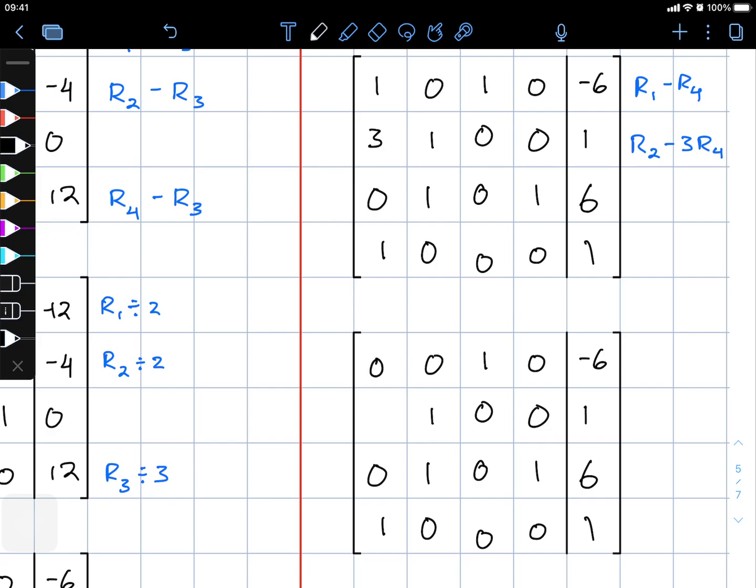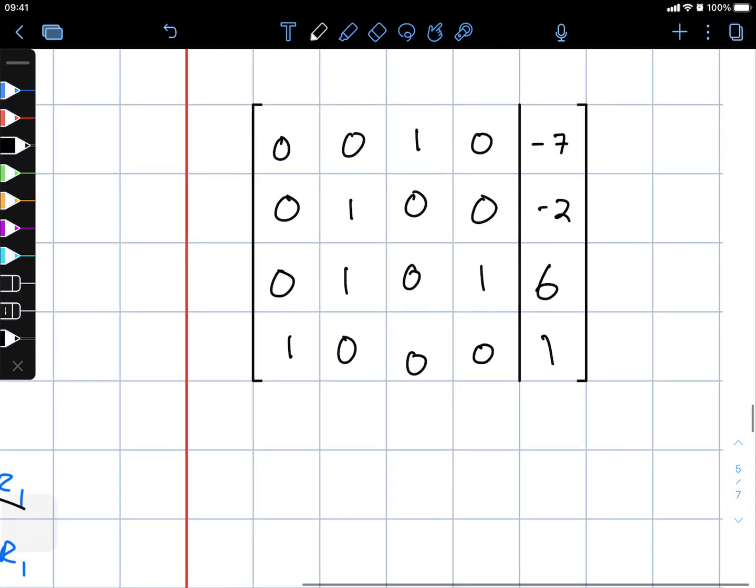And everything else doesn't change, but this will change here. That's going to be -6 take away 1 is -7. 3 take away 3 times 1, that will give us 0. And 1 take away 3 times 1 is going to be -2.